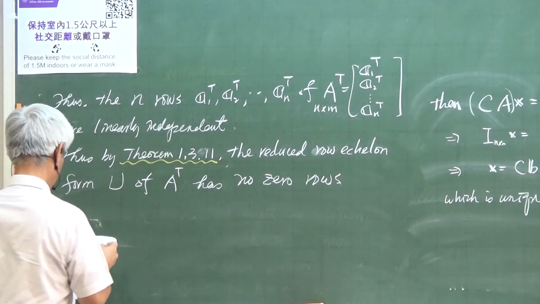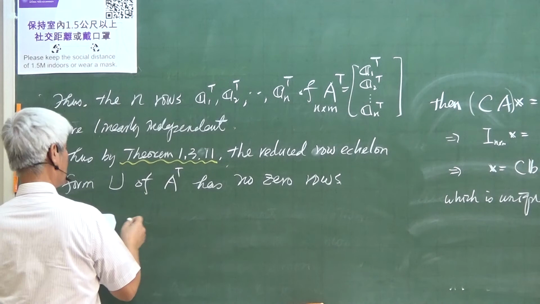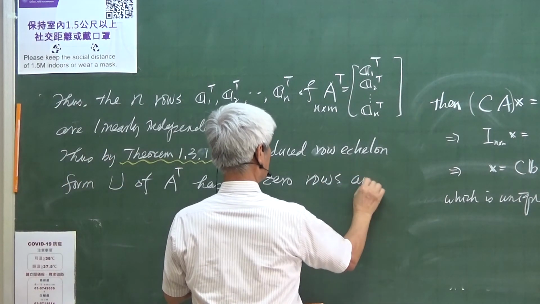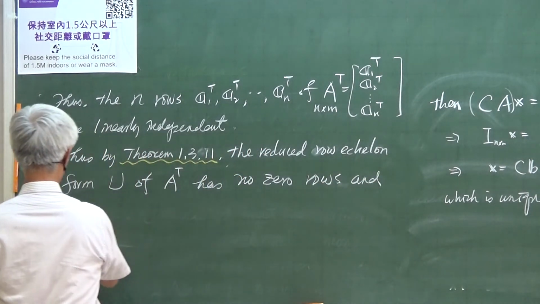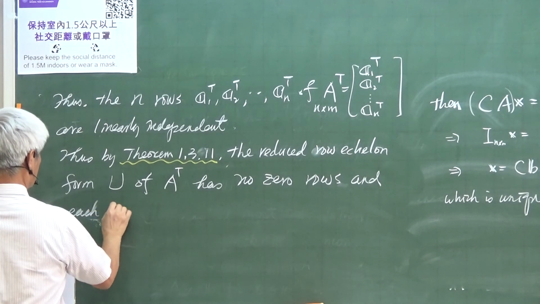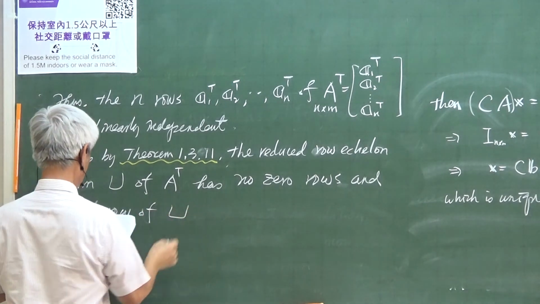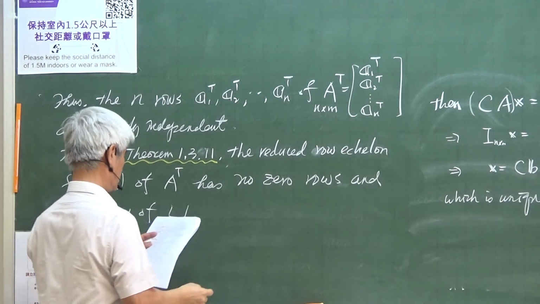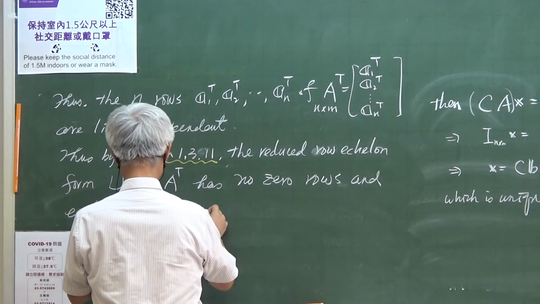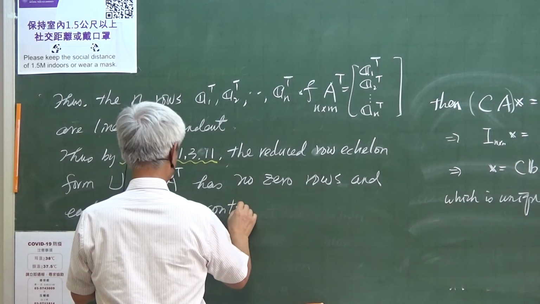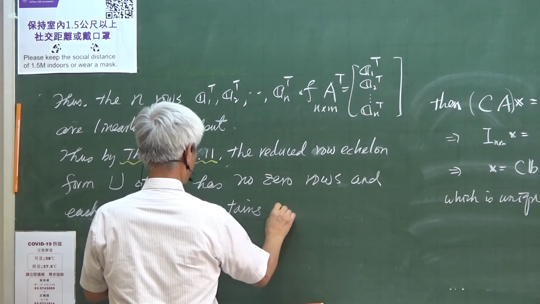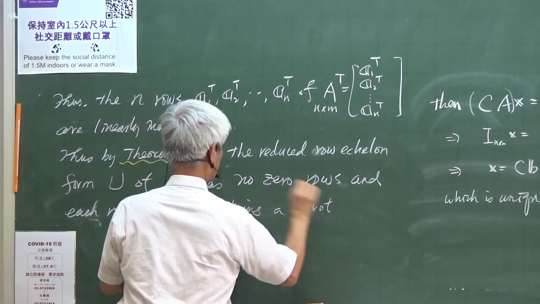Now, each row of U, the reduced row echelon form, contains a pivot. Okay?